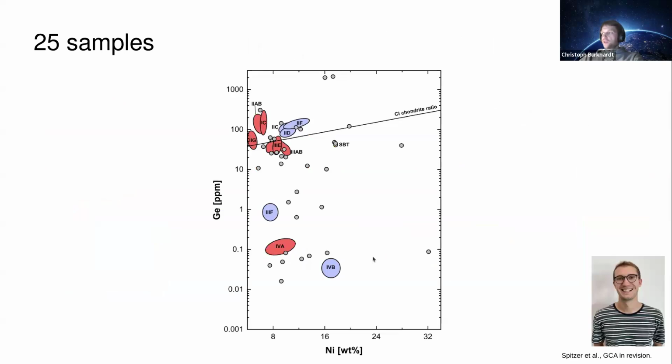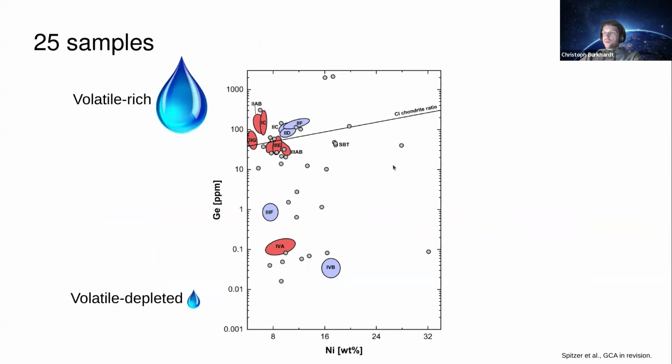And this is actually what one of our recently finished PhD students, Friedrich Spitzer, did. So we looked at all kinds of ungrouped iron meteorites, all the gray points here, and some of them volatile rich, so high germanium, some very volatile depleted, very poor in volatiles, and also very variable in nickel content.